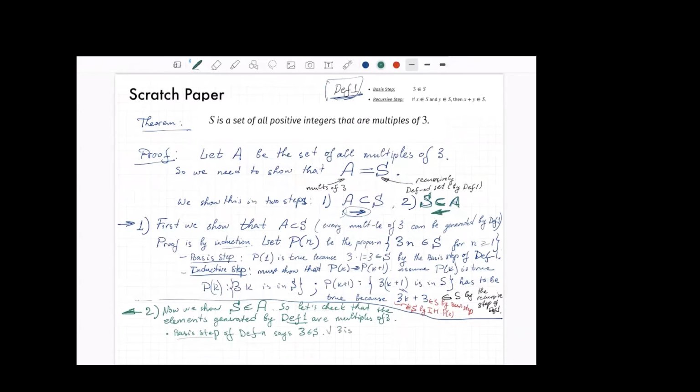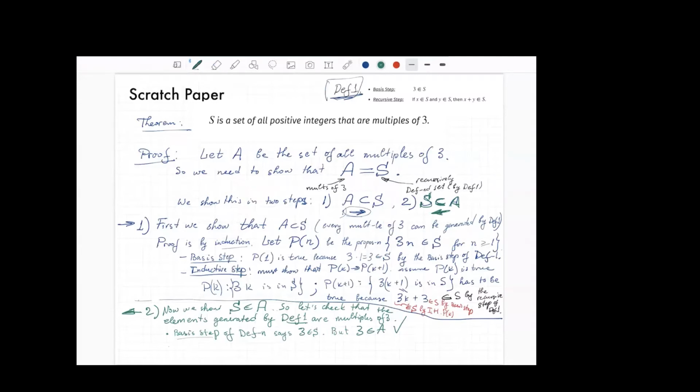So whatever the basis step generated happened to be a multiple of 3, so it is in A. Let's write it down this way. S belongs to A. Oops, what did I just write? This is silly. But 3 belongs to A. So whatever is generated by the basis step, we're done.